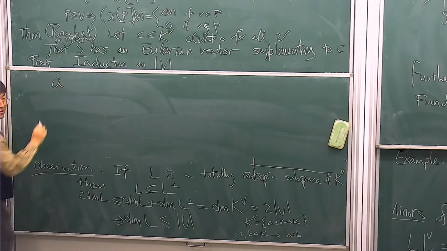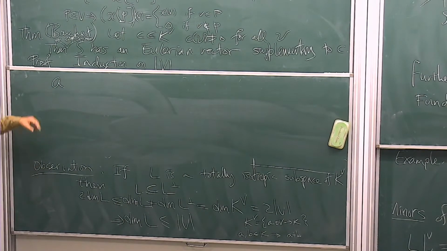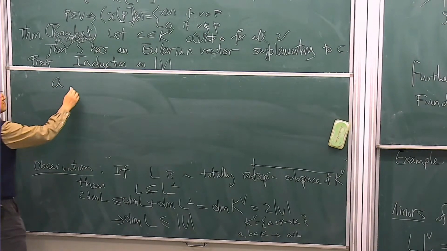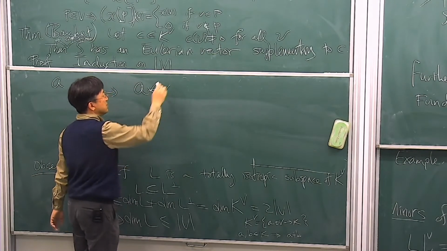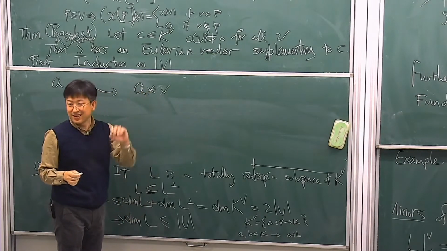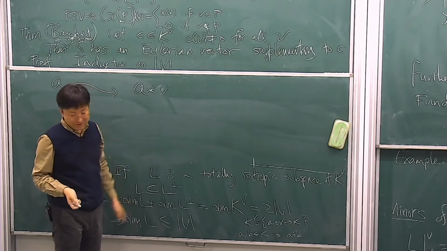If A is an Eulerian vector, and if we apply that theorem, then I can get another Eulerian vector. Like, I want to switch the V coordinate. I have another Eulerian vector.